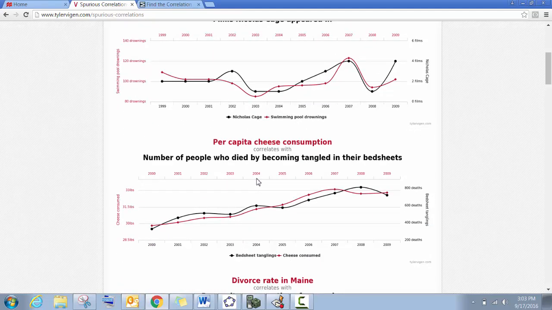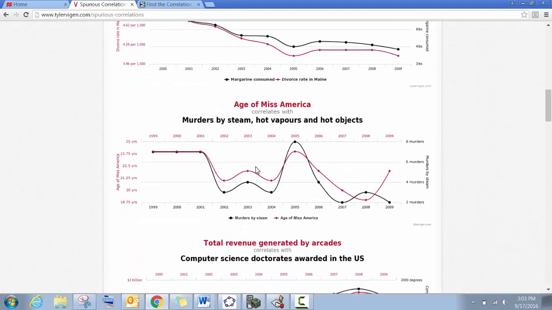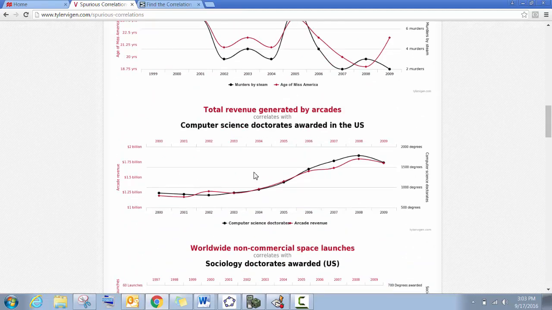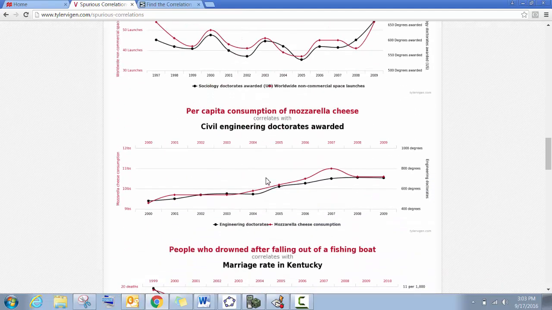Per capita cheese consumption, and people who died by becoming entangled in their bed sheets. Divorce rate, and consumption of margarine. So we have lots of things that look like they're correlated, but that does not mean that one causes the other. Just because we consume more mozzarella cheese does not mean that we're going to get more civil engineering doctorates, even though the graph says that.